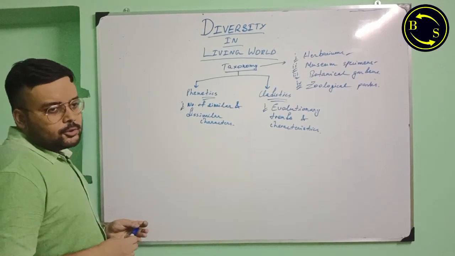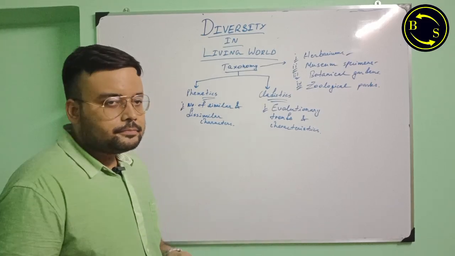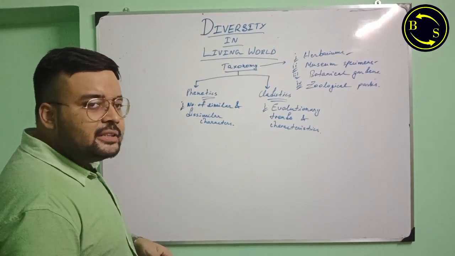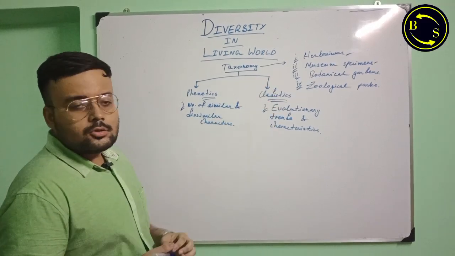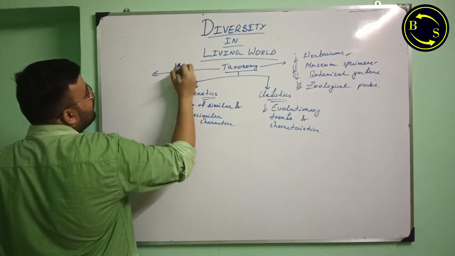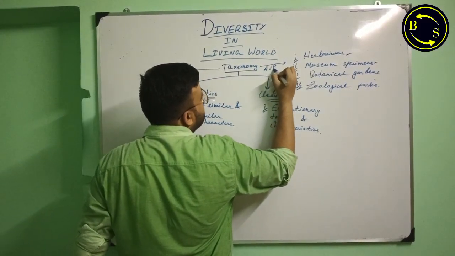There are various taxonomic keys, such as if we identify a new plant or animal species that has no records in herbariums, museums, botanical gardens, or zoological gardens. These are the keys and these are the aids.